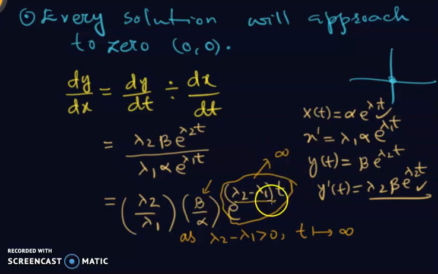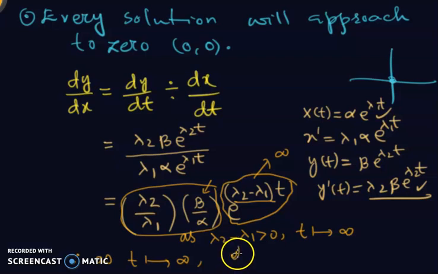Because this is positive. So as this goes to infinity, this number is either positive or negative. As a result, as t goes to infinity, our dy by dx will be approaching either plus infinity or minus infinity. And what does this mean?